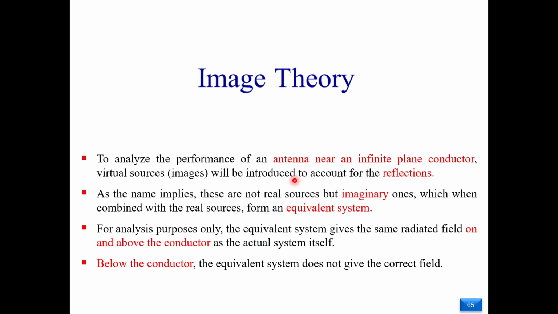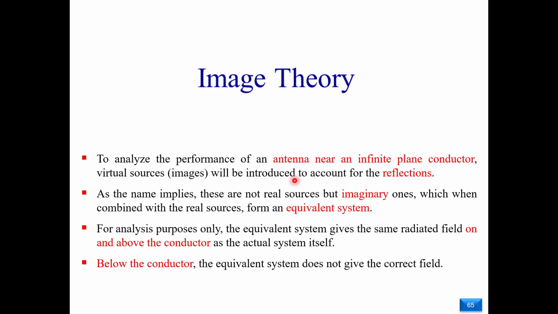Now we're going to talk about another topic, which was discussed before in static electric fields: image theory, to solve the problem when we have an electric source on top of a perfect or good conducting large plane.